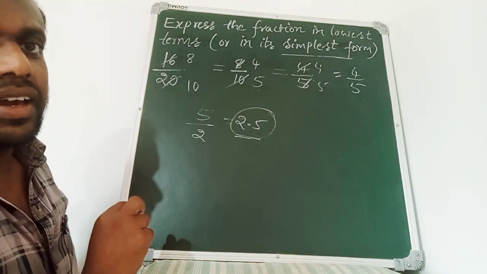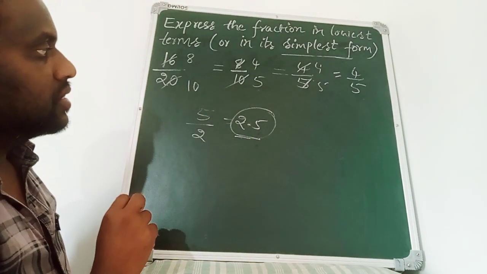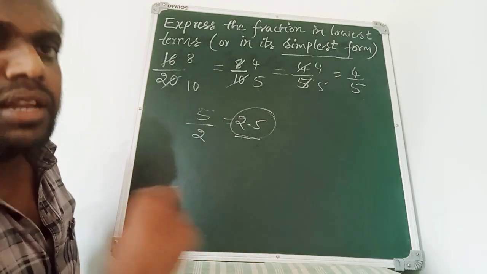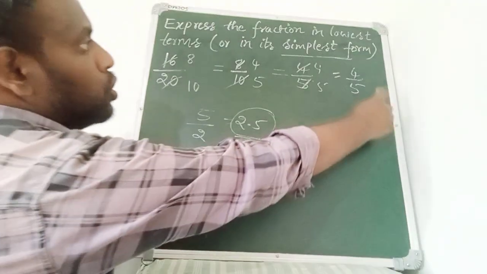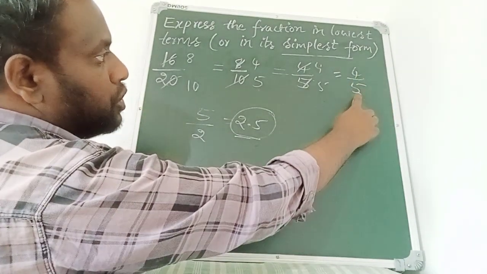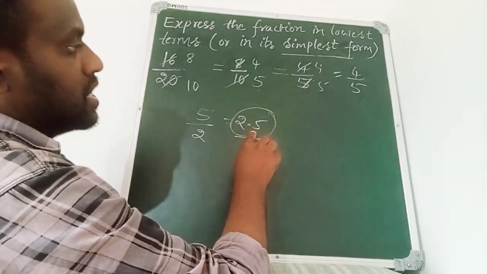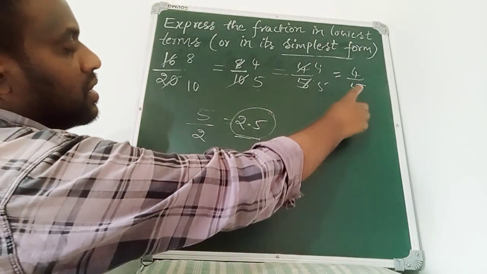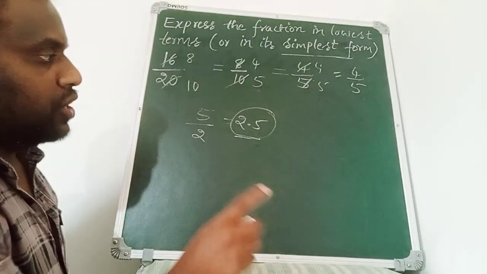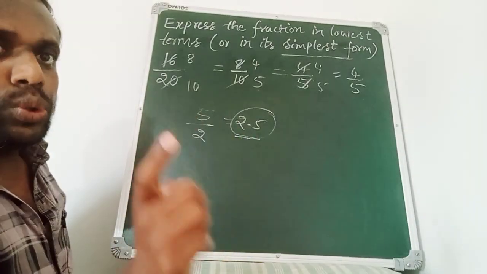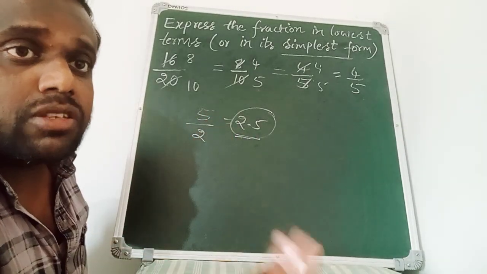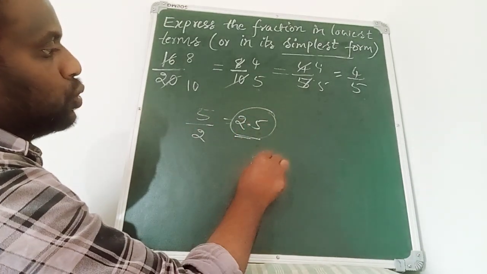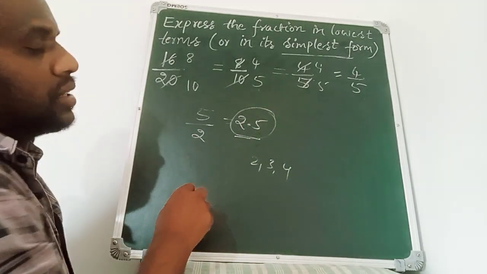So like that, if you select any number, 2 can divide this 4, but when you divide this 5 by 2, you get a decimal number. You will not get a whole number. That means, when you get a decimal number, this 5 is not completely divisible by 2. That's the meaning.